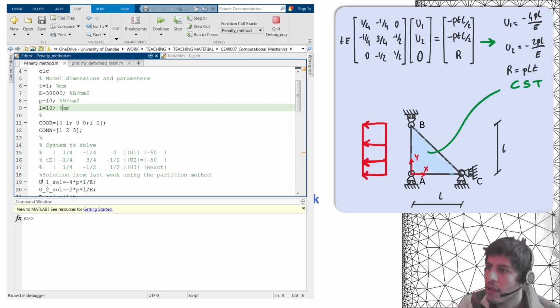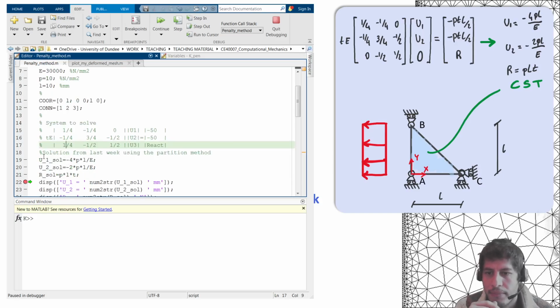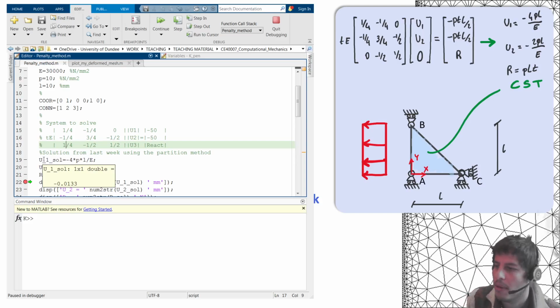So the reaction was P T L over 2. So if you do 10 times 10, 100 times T1, 100 over 2 is minus 50 because we had a minus. So these terms were given. And so this was the solution from last week using the partition method.